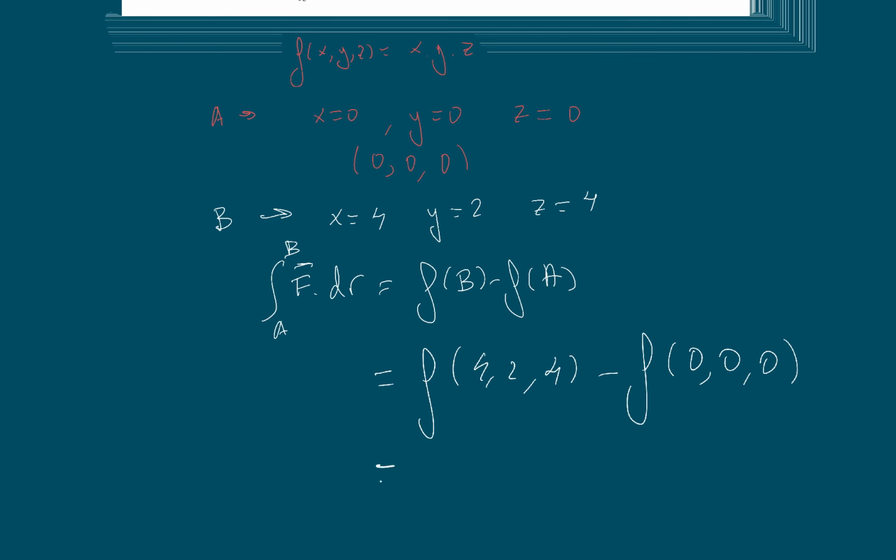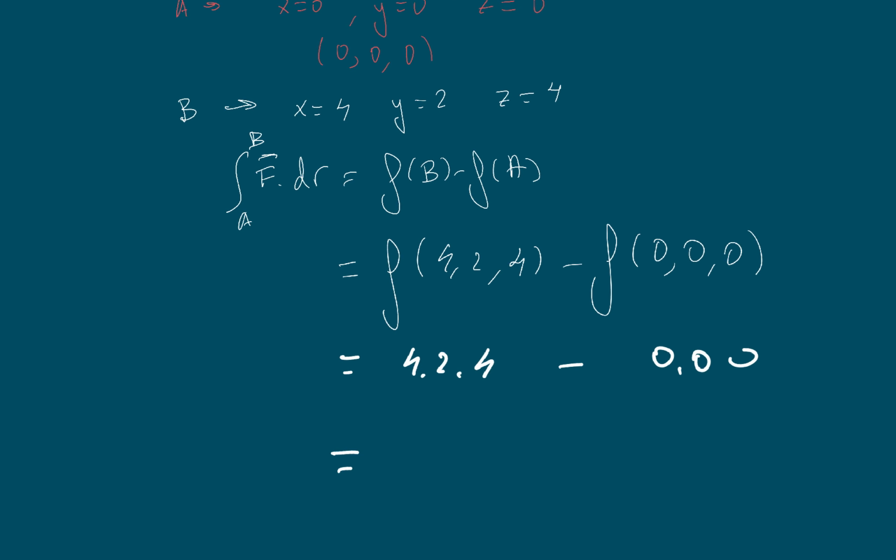That is 4 by 2 by 4 minus 0 by 0 by 0. And what is that? 4 times 2 times 4 is 32. 32 units is the work done without doing any calculation for the line integral, just using the fundamental theorem for line integrals.